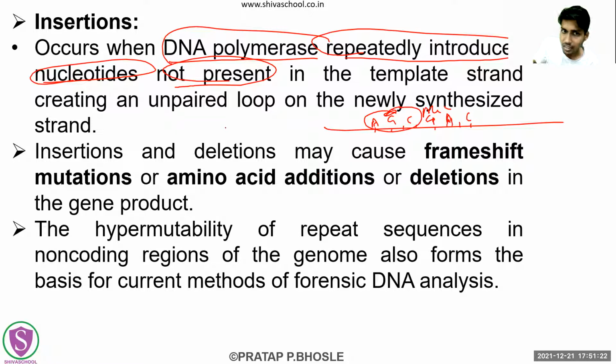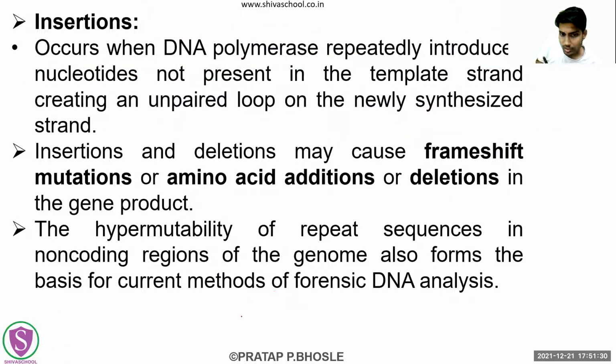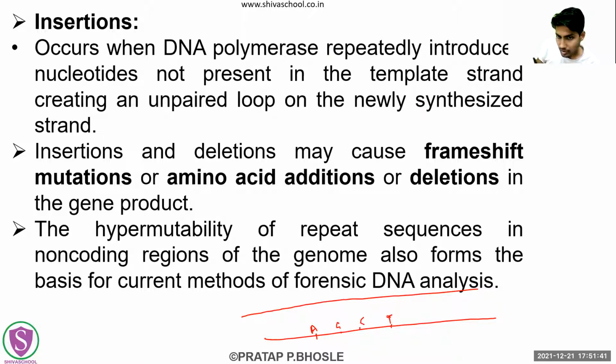Now that is creating an unpaired loop on the newly synthesized strand. What is happening here? Adenine, guanine, cytosine, thymine. There will be complementary bases on this strand: against A there will be T, against guanine there will be C, against C there will be guanine, and against T there will be adenine.